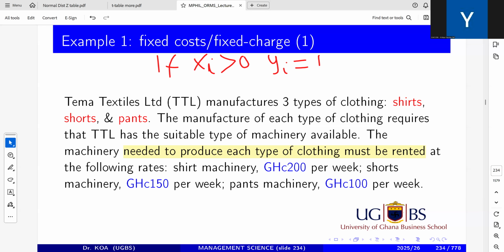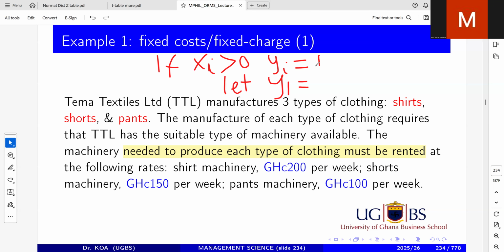So what my good friend said is that for the X to be positive, that is, for you to produce, then the Y must also be available, must be there. Therefore, we need to define the machinery type. So we should also let Y1 represent what? Who can tell me?